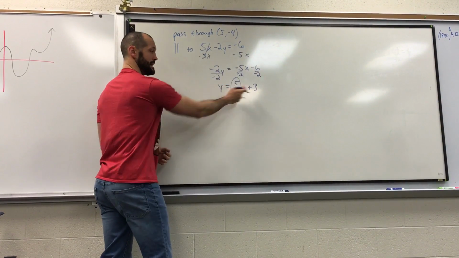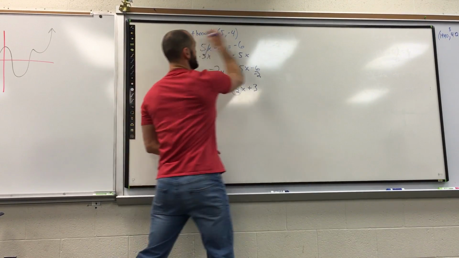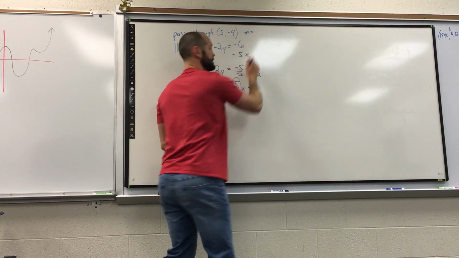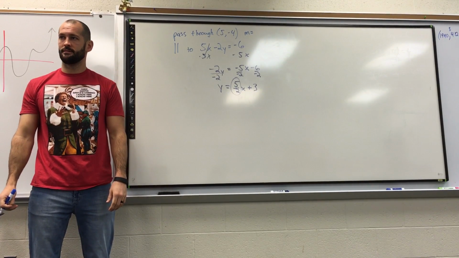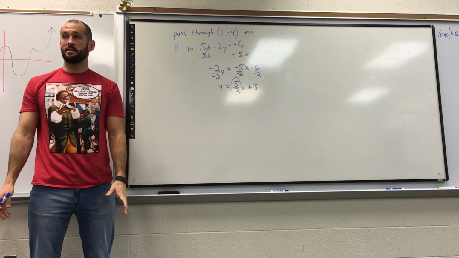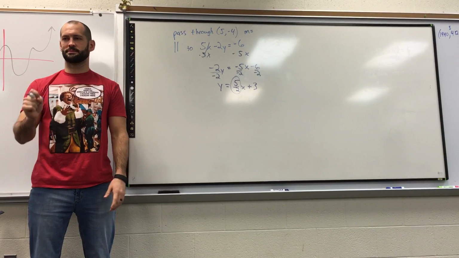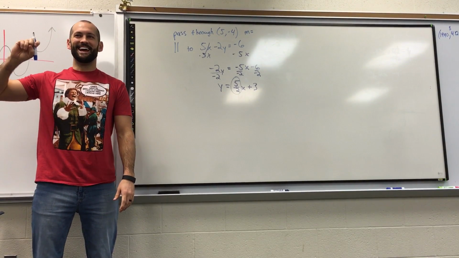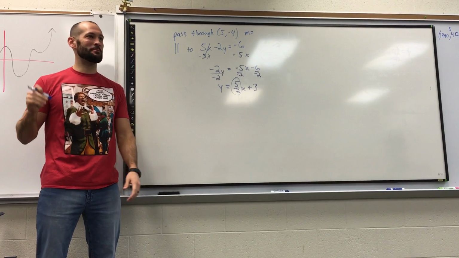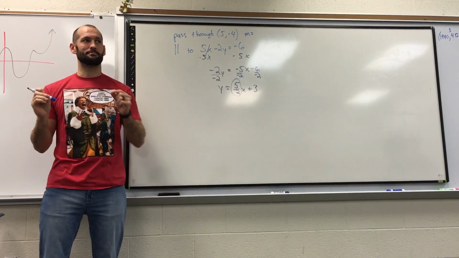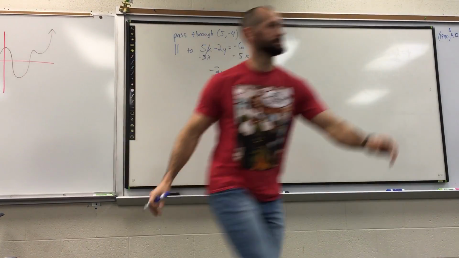If this line had a slope of 5 over 2, my new line, what's its slope going to be? She just told us it has a slope of 5 over 2, and she said parallel lines have the same slope.